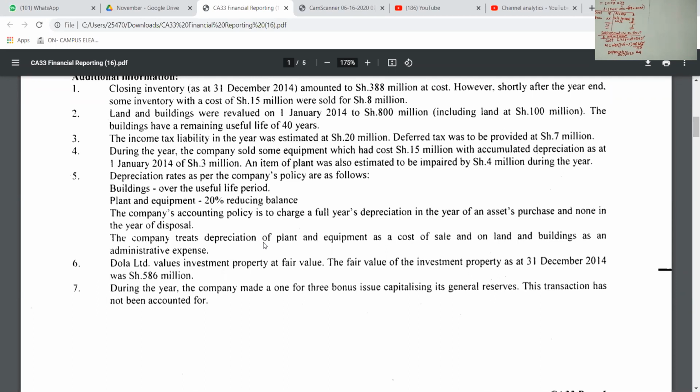Then finally, you are told that during the year, the company made a 1 for 3 bonus issue, capitalizing its general reserve. This transaction has not been accounted for, so we have to account for it. That means for every 3 shares the shareholders were having, they were given 1 share as a bonus at no consideration, at no price, for free.